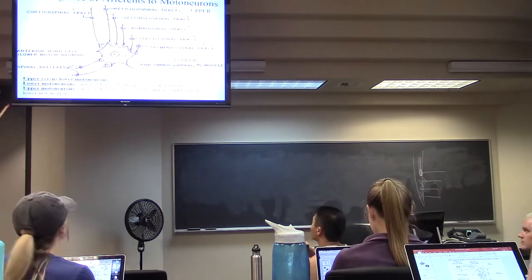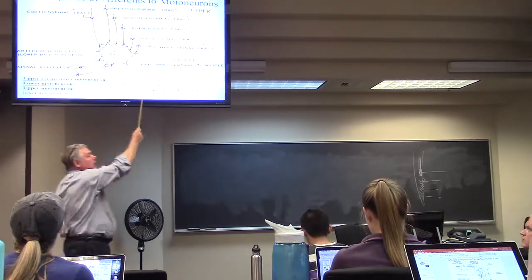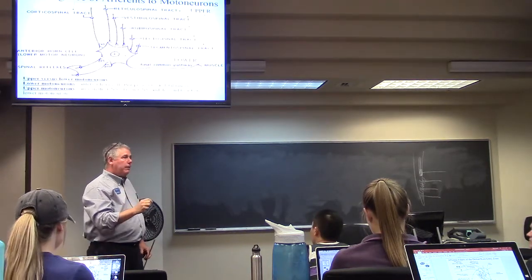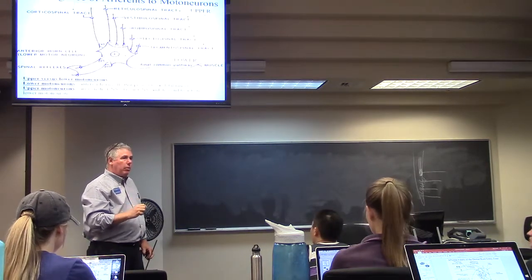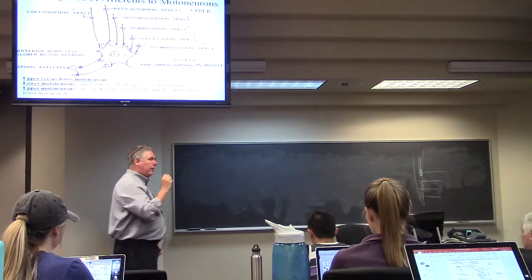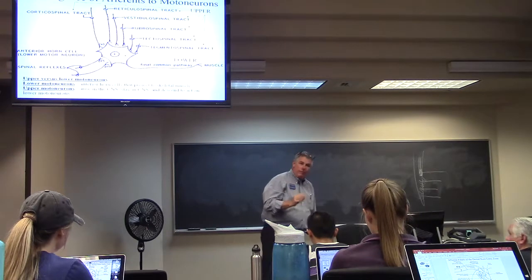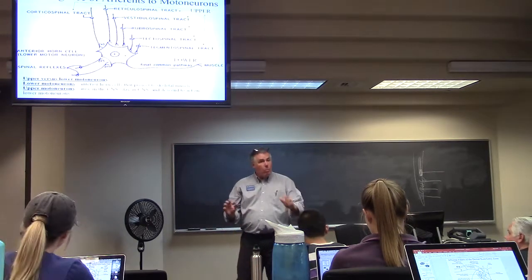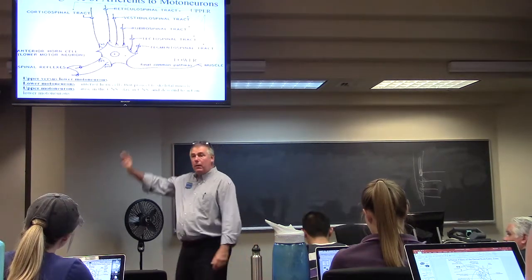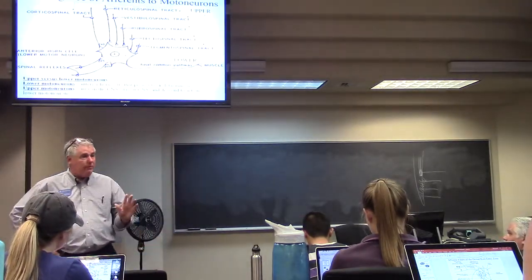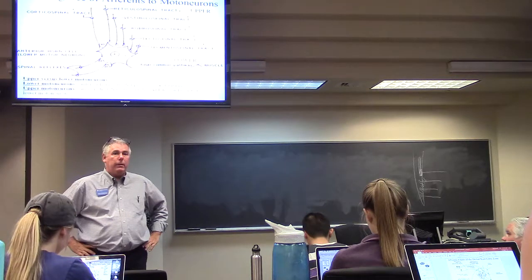Because all of these descending inputs modulate the amount of firing of alpha motor neurons. They allow only a proportionate amount of firing. If more firing needs to happen, these guys modulate it to recruit more alpha motor neurons. If less firing, they shut them down.